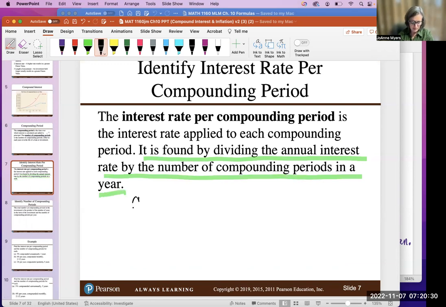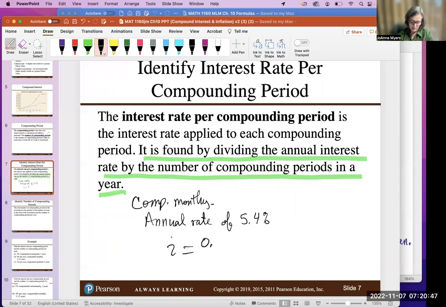So if I'm compounding monthly and I have an annual rate of 5.4%, then my I will be 0.054 divided by 12. All right. That's how you would compute your I.